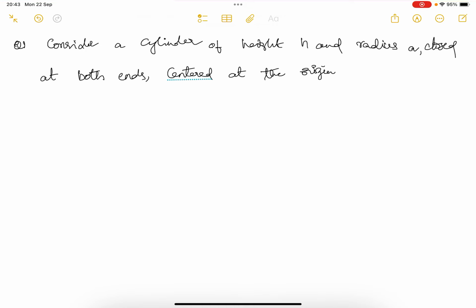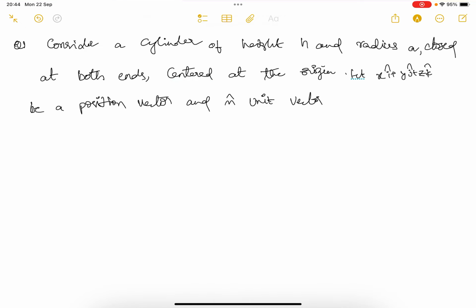Then let x i cap, y j cap, z k cap be the position vector and n cap the unit vector normal to the surface.